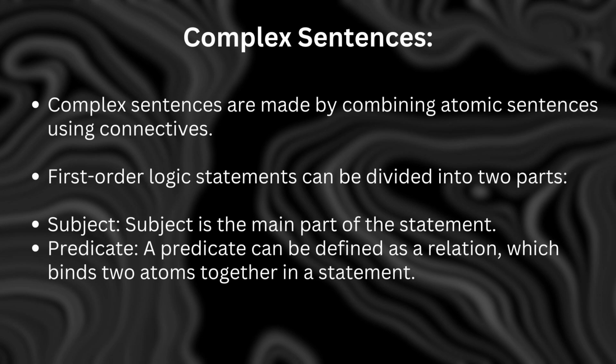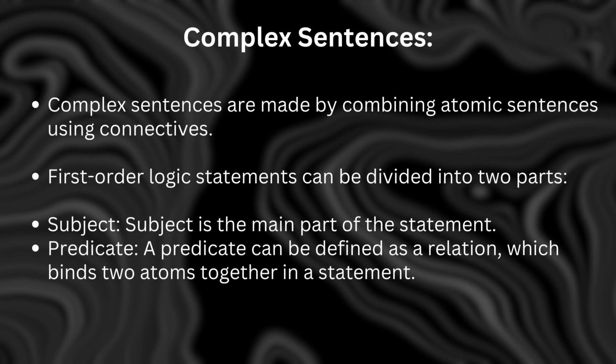First order logic statements consist of two key components: first, the subject, the central element of the statement representing an individual or object, and second, the predicate, a relation that defines properties or conditions. By combining subjects, predicates and connectives, first order logic enables the formation of sophisticated statements to represent and reason about various relationships and conditions.